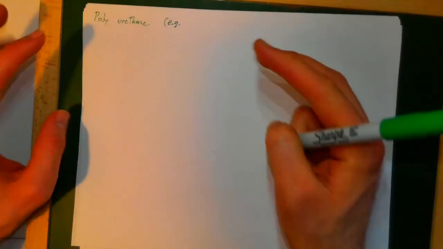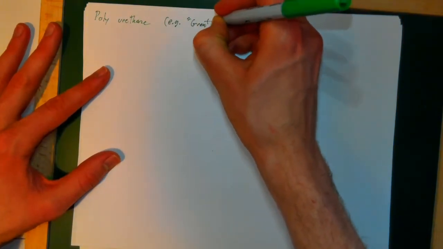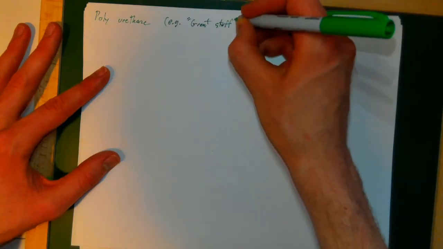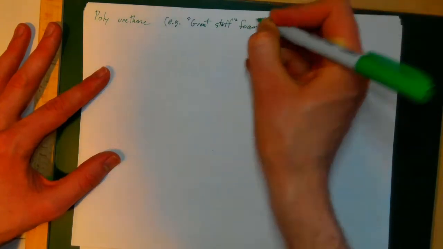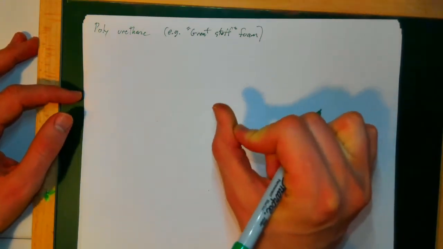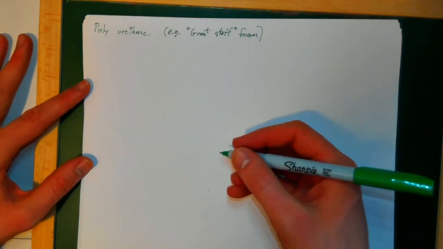You might have seen a brand name like Great Stuff Foam. Great Stuff Foam is one example of polyurethane. Of course, polyurethane isn't one specific material, but rather a class of materials that all contain these types of bonds.